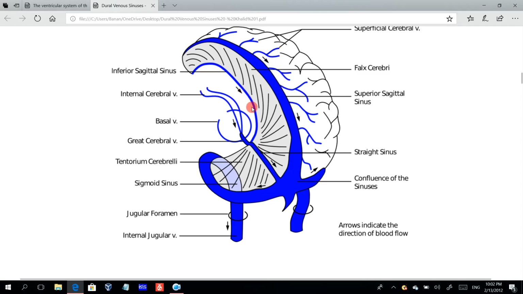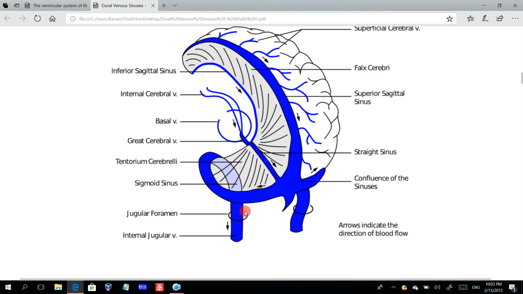You see here and here and here, and then it will go to other sinuses, as we will discuss later on, and they end to form the vein which is called the internal jugular vein, which leaves the cranium through the jugular foramen.